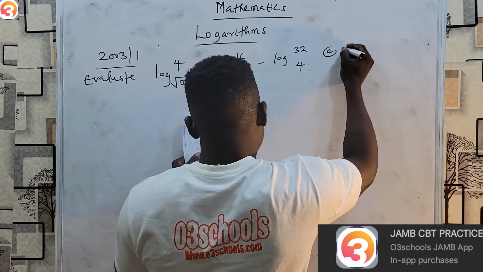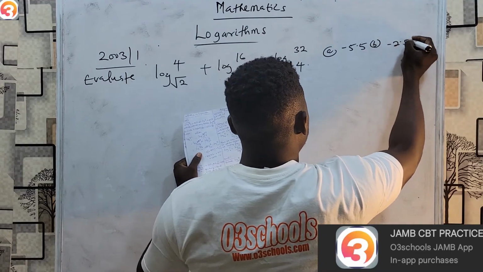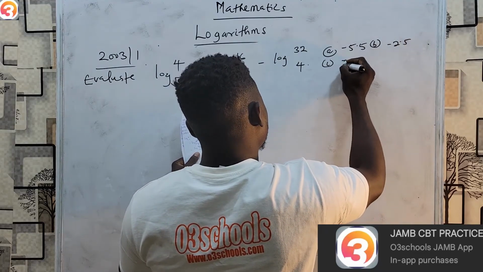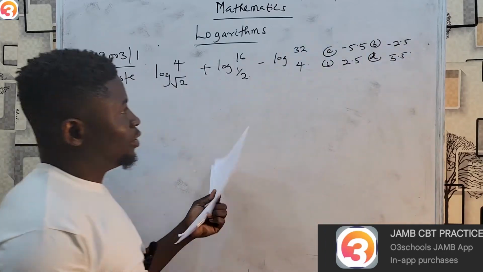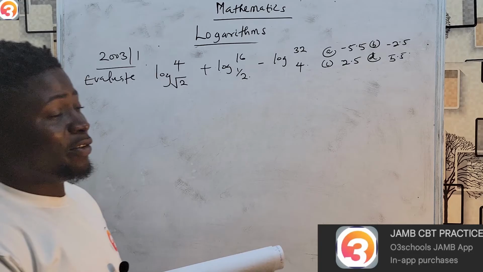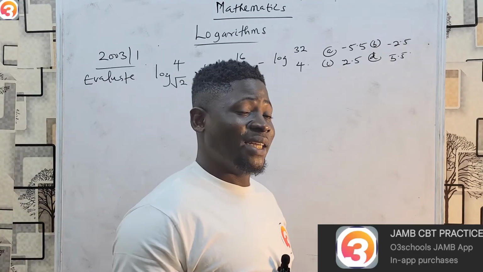Answer A here was minus 5.5, B is minus 2.5, C is 2.5, and D is 5.5. So of course we know that the answer will either be 2.5 or 5.5. Whether it's negative or positive is the only other thing we have to determine.